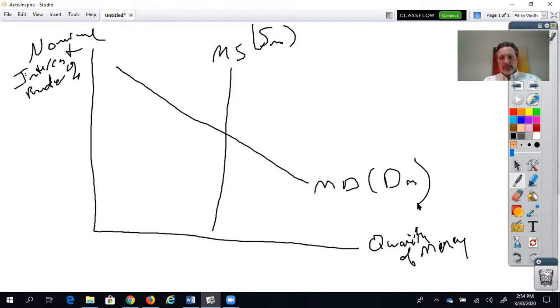Now, what I always tell my kids, and I train my students to look for this, and hopefully they do it on this exam, is that's not enough. If I'm a grader and I'm looking for you guys to do this graph on the test, that's not enough. Anytime in all of macro you have an equilibrium point, you must connect that to the X and Y axis.